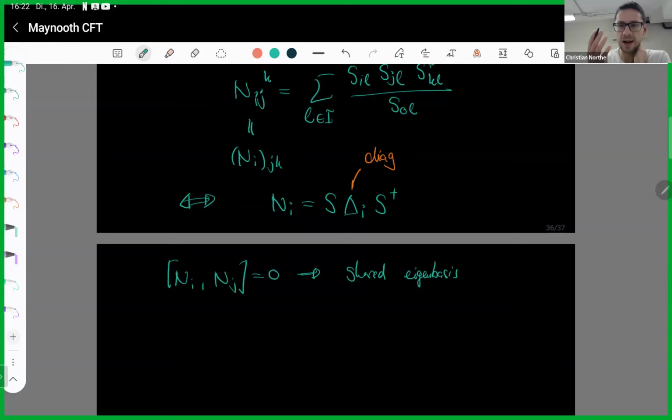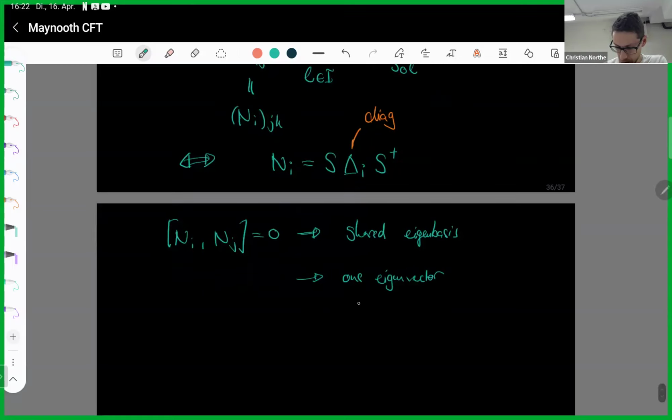And amongst that eigenbasis, there is one particular vector. There's one eigenvector with entries, with positive entries.